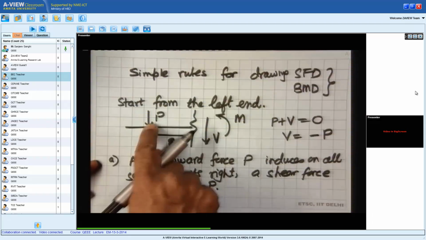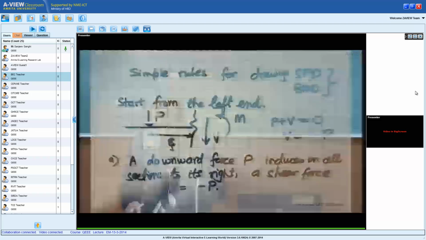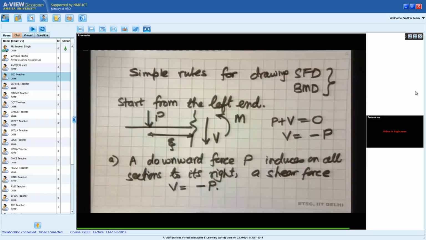If there is a downward force P, for each such force you have to add minus P to the shear force.